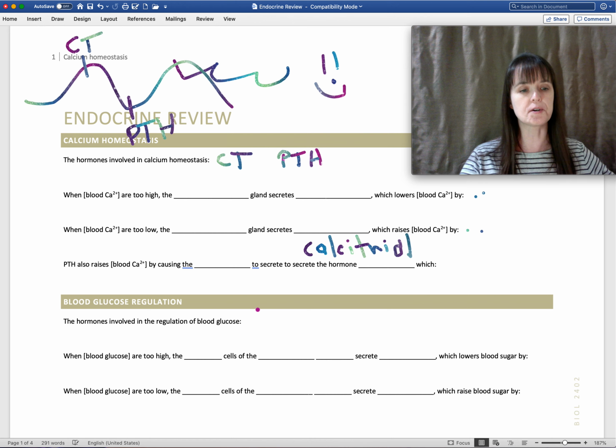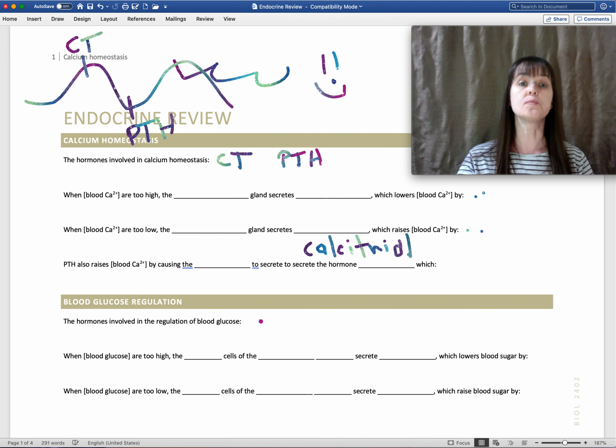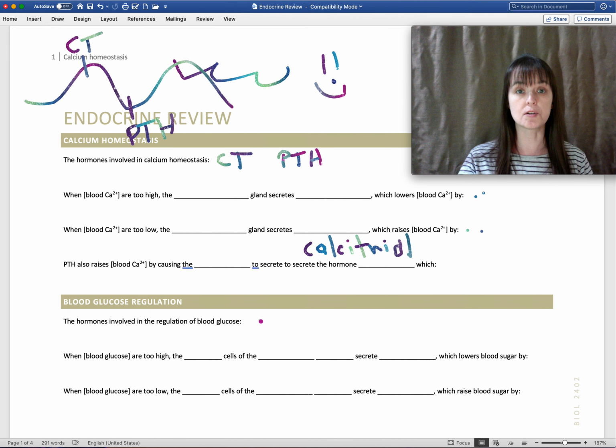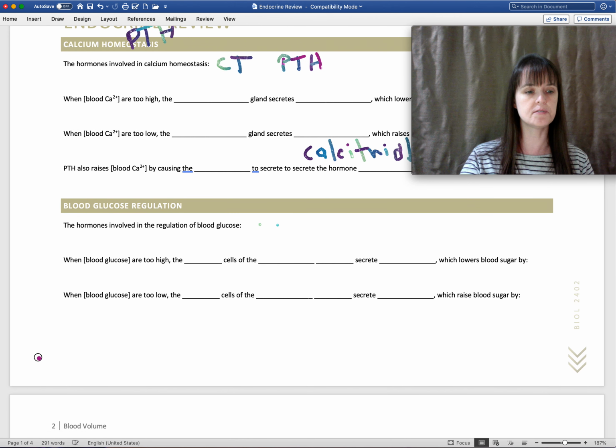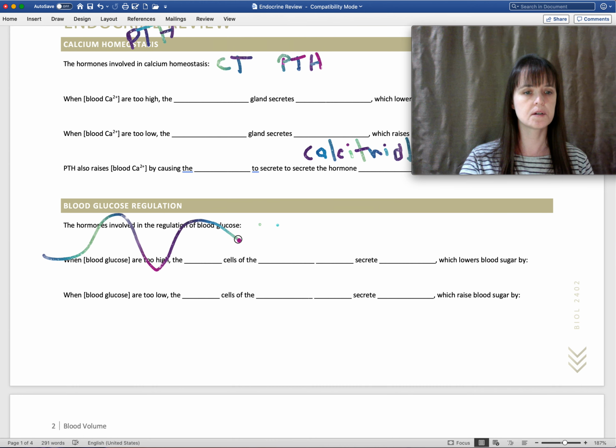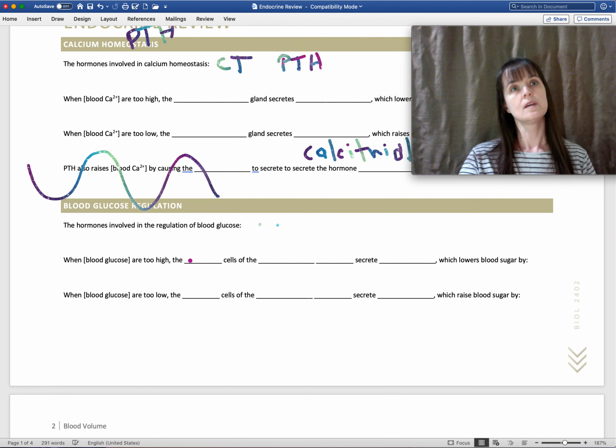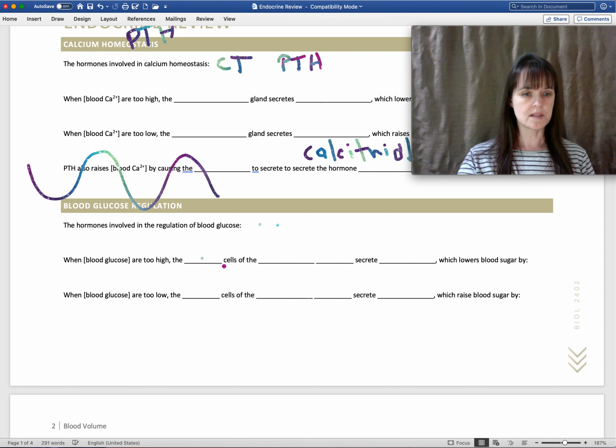Okay, blood sugar. Hormones involved in the regulation of blood glucose are insulin and glucagon. When blood glucose levels are too high, the beta cells of the pancreatic islets secrete insulin.